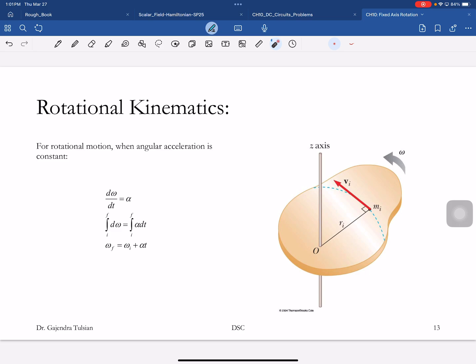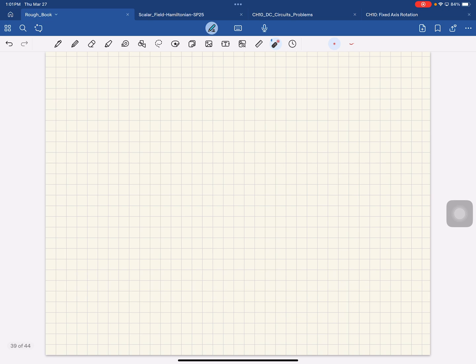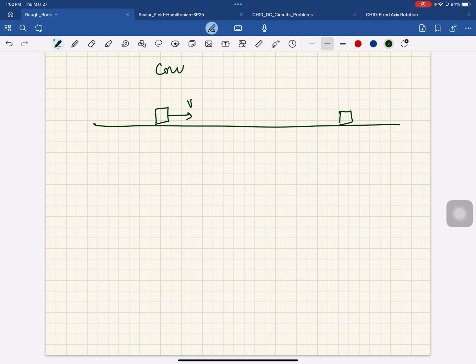All right, in the next few slides, we'll show you the following. We had looked at one-dimensional motion, and when the acceleration was constant, you saw that you had these equations.